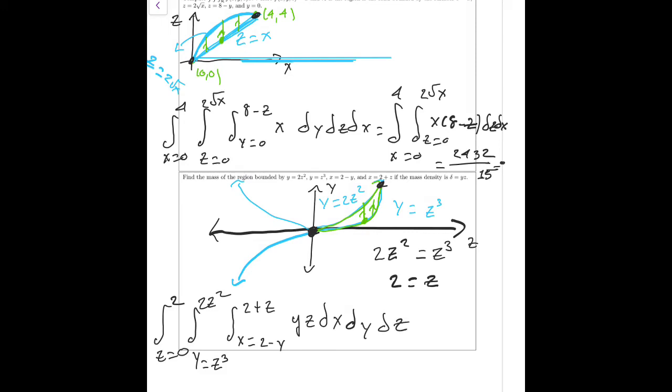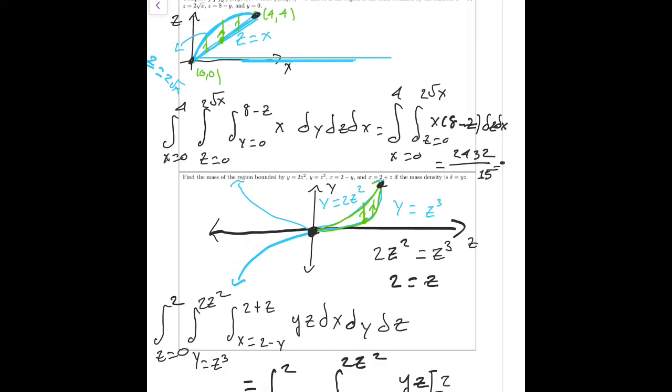The inner integral is an x integral. So as far as x is concerned, y times z is a constant. So then this is the integral z equals 0 to 2, y equals z cubed to 2z squared, and then this is y times z, and then it's going to be 2 plus z minus 2 minus y.